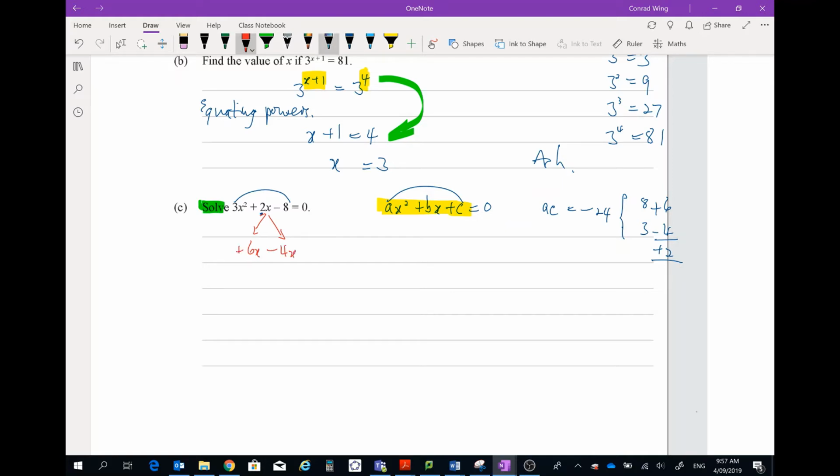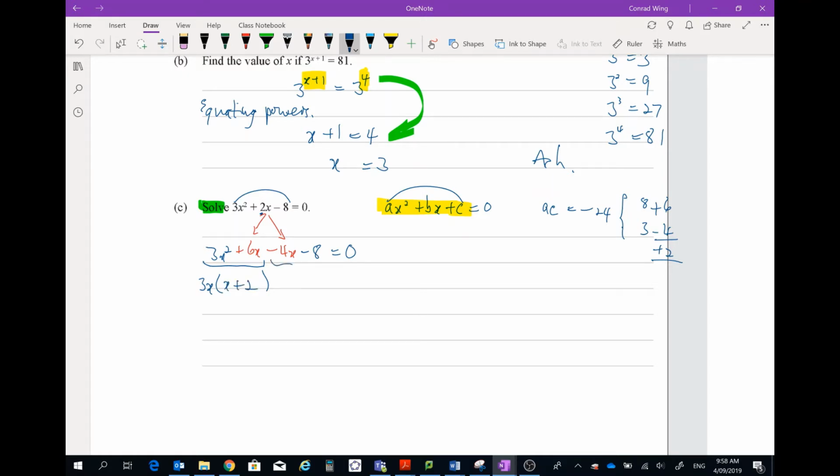Do you remember this? So I've got 3x squared, I leave that as is, minus 8, and this is equal to 0. And then what do I do? Factorize by pairs. What's common between the first two? 3x. So what can I put in that bracket? x plus 2.